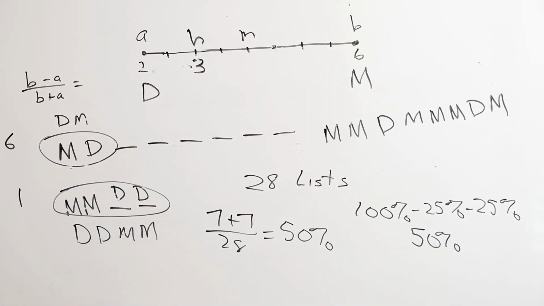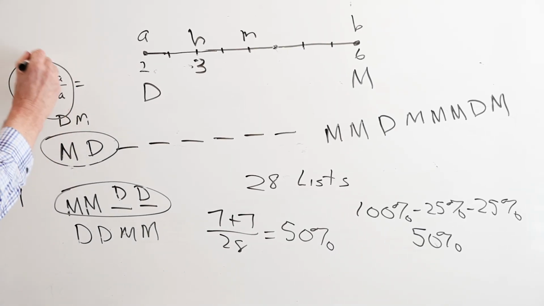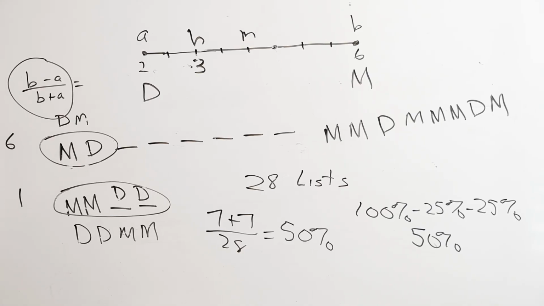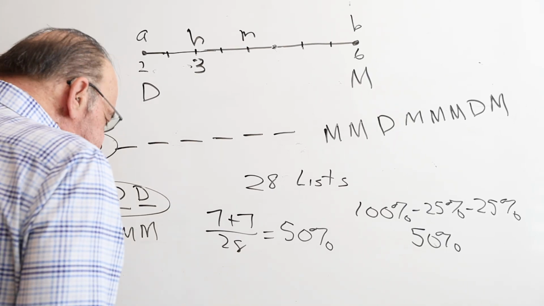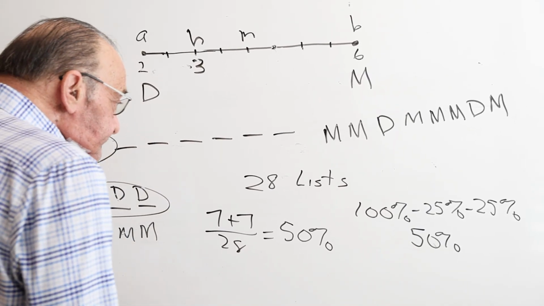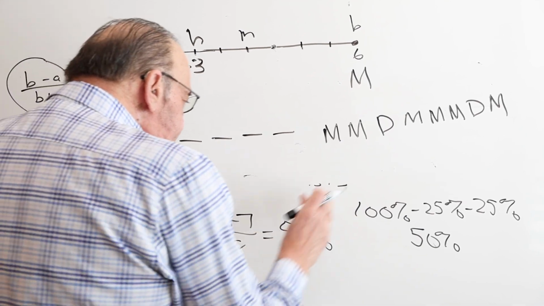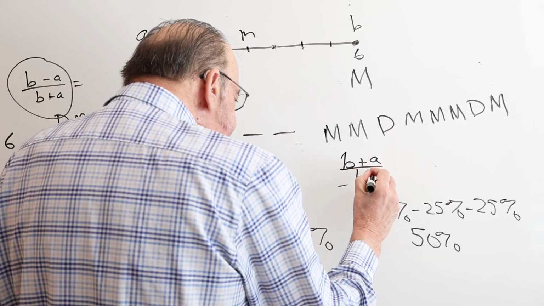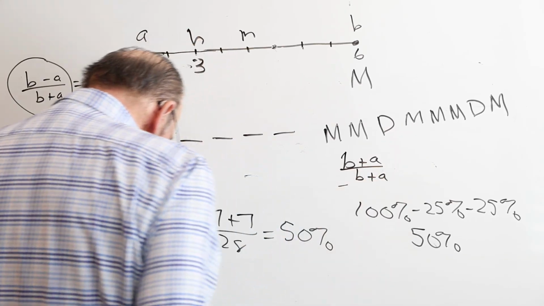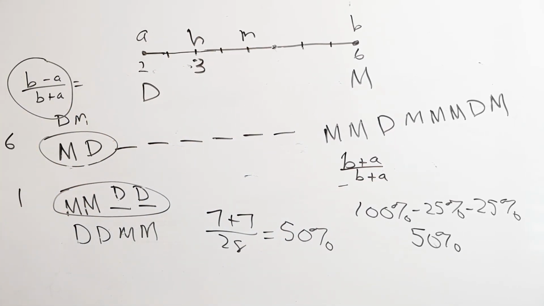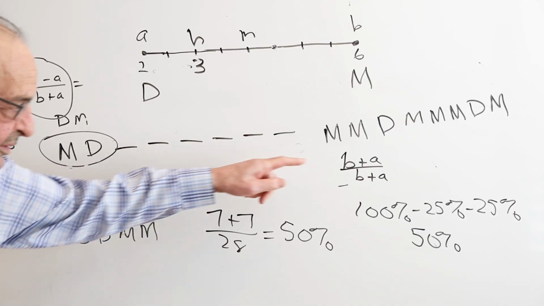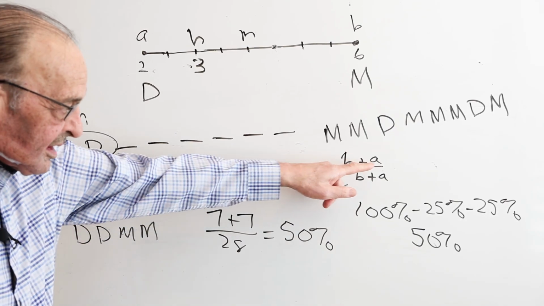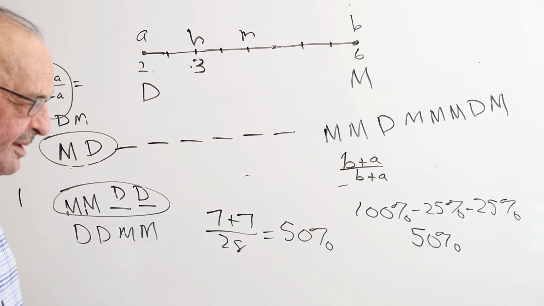Now, the next question is, what does that have to do with B minus A over B plus A? Well, 100% is B plus A over B plus A. Okay? So again, B is the number of steps that Mark takes, and A is the number of steps that Diba takes.